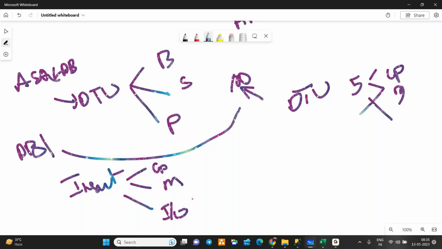Out of these 100 DTUs, assume 25 DTUs went to CPU, 10 DTUs to memory, and 15 DTUs to IO. So in total, 50 DTUs were consumed to perform one insert operation.